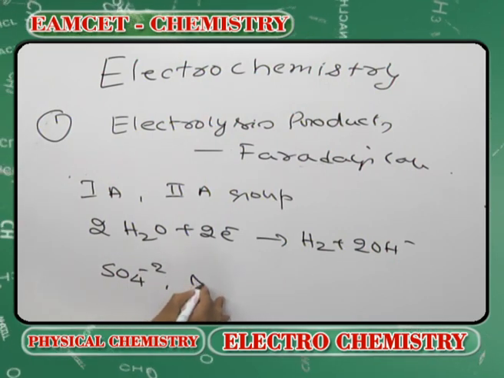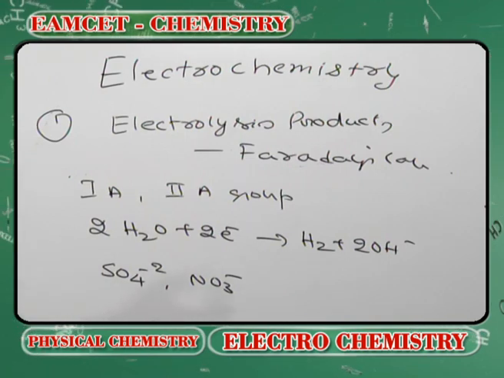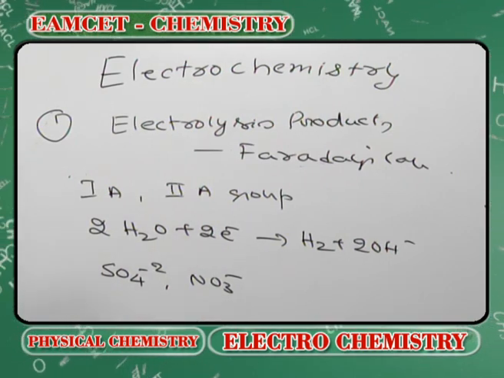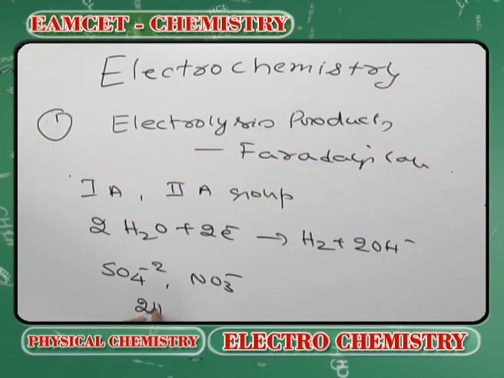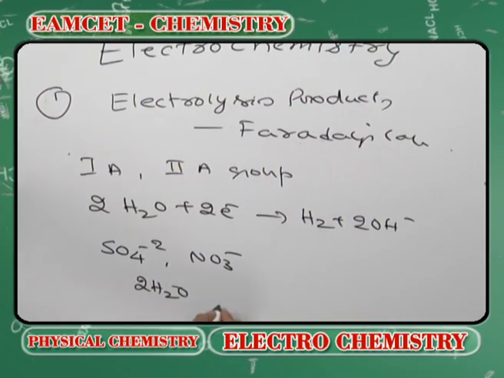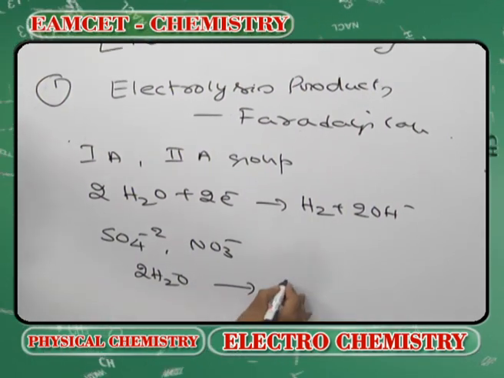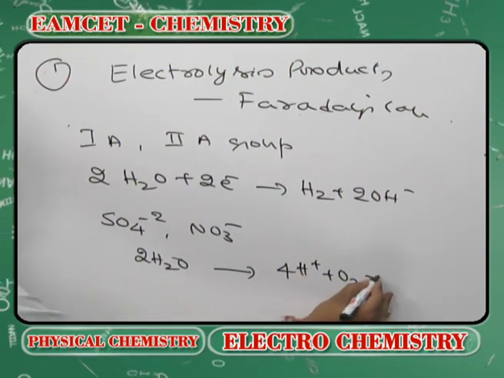In aqueous solutions, sulfate ions and nitrate ions do not undergo oxidation. Instead, water will undergo oxidation, which can be represented as 4H plus O2.